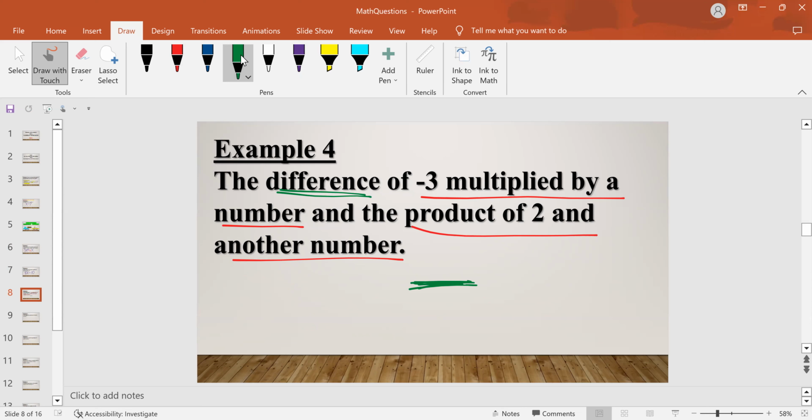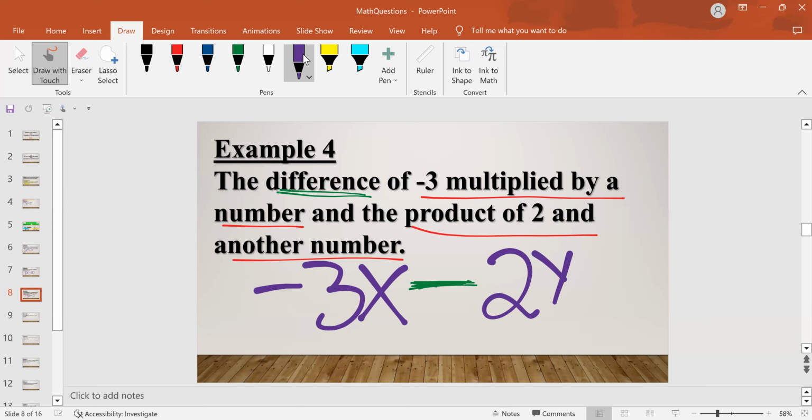So we do subtraction between -3 multiplied by a number. So that will be -3x. Okay, minus the product of 2 and another number, 2y.